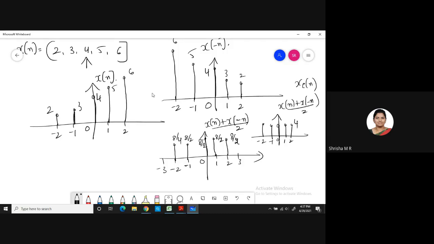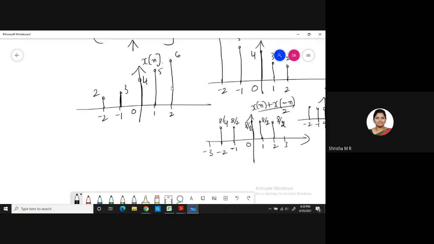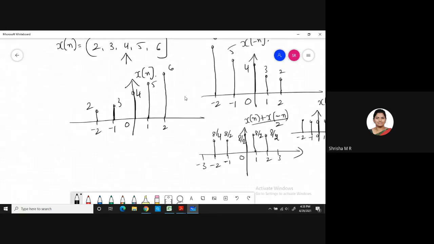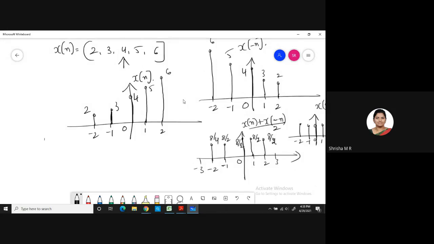So how do we plot the odd part? x of n minus x of minus n. First we'll plot x of n minus x of minus n, then we'll scale it. So what will be the signal at 0? 0, ma'am.